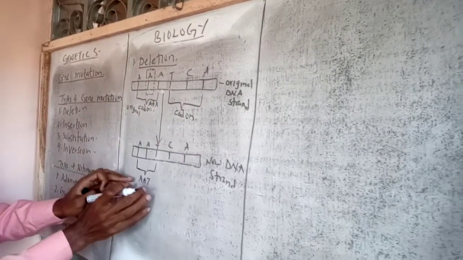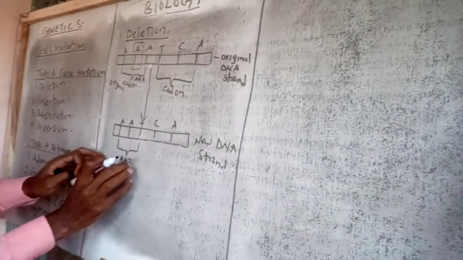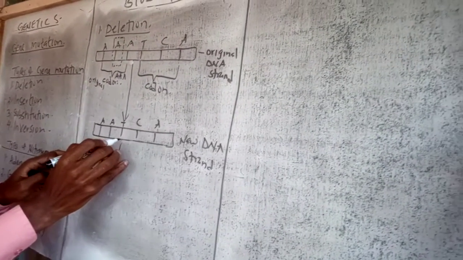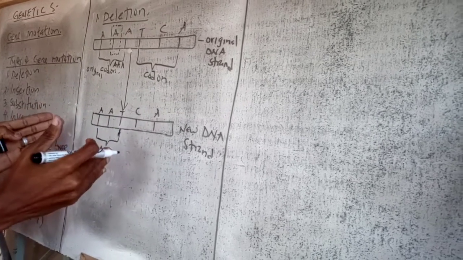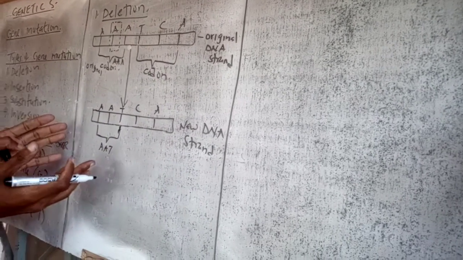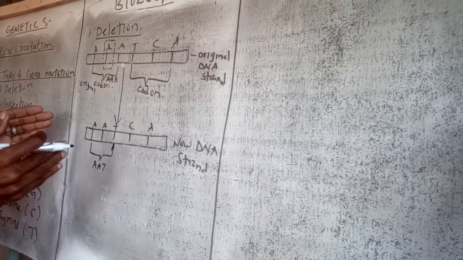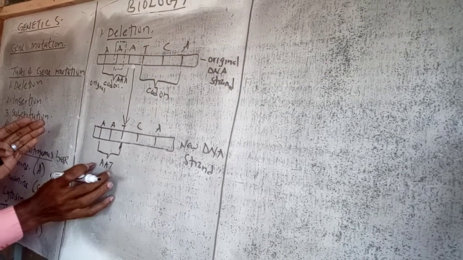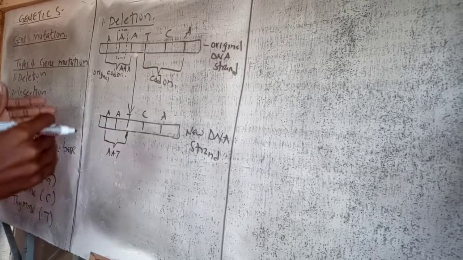This new codon has information for a different amino acid, meaning that a different protein will be synthesized. As a result, the individual will have suffered a mutation, and that is deletion.